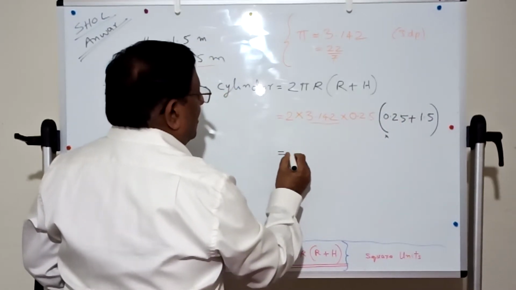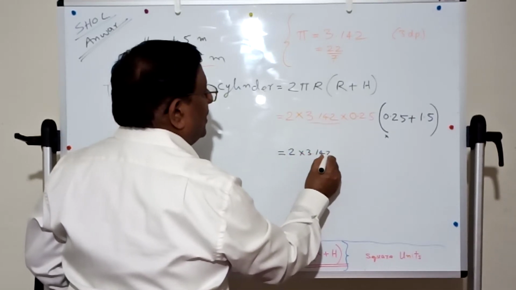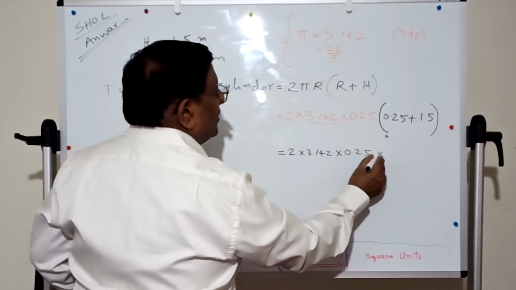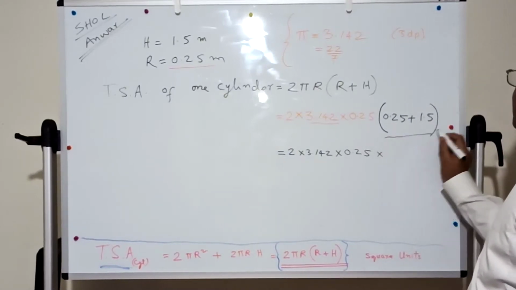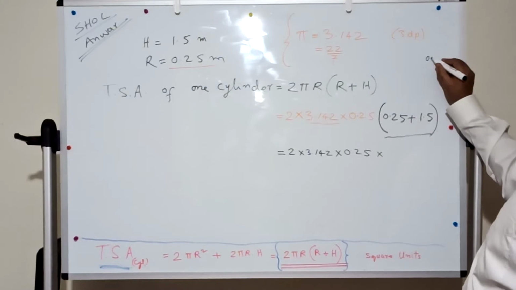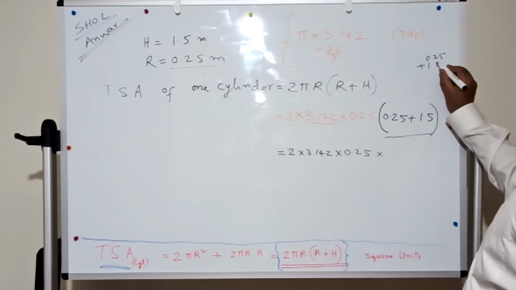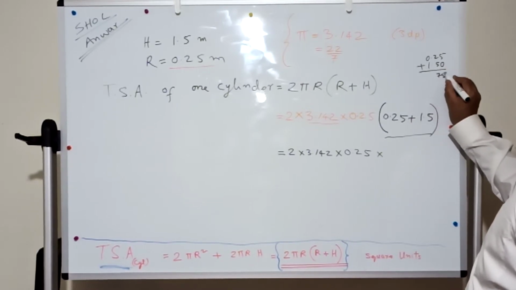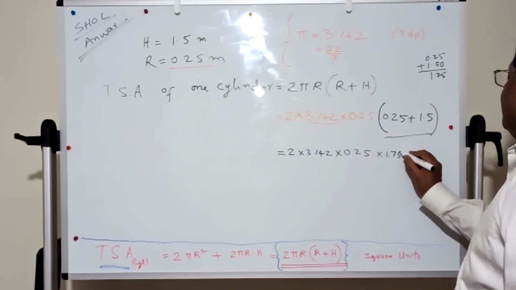Now 2 times 3.142 times 0.25. Now you can open the bracket after calculating this total. How much? 0.25 plus 1.5. 1.5 means 1.50, so that means 1.75.